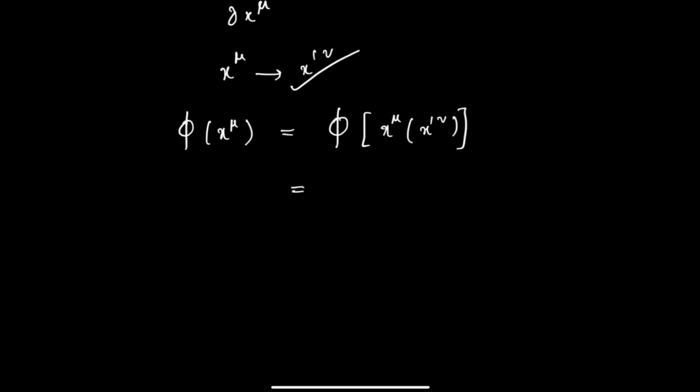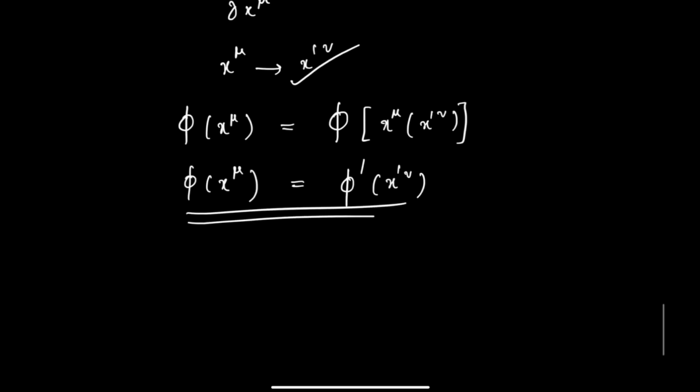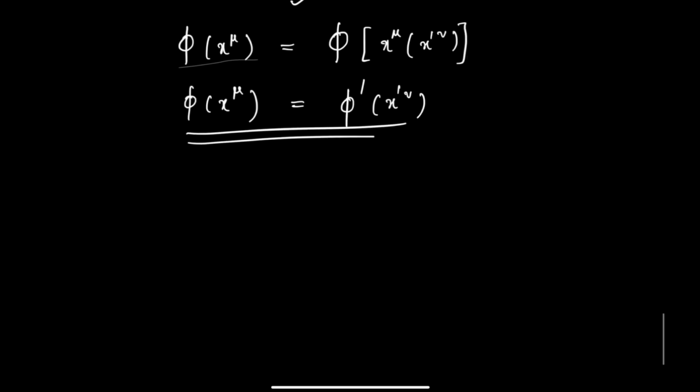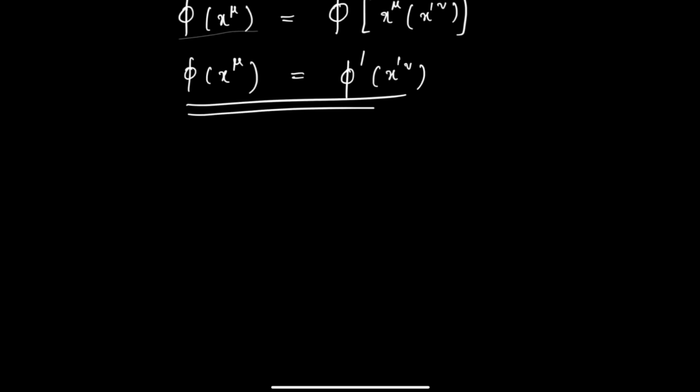Now this is phi prime of x prime nu. But we know that even under coordinate transformation, the scalar quantity will remain the same. The form will be different. You can see it is phi and phi prime, but the value will be constant. Therefore, phi of x mu is equal to phi prime of x prime nu, right? This we have already discussed in the last class.